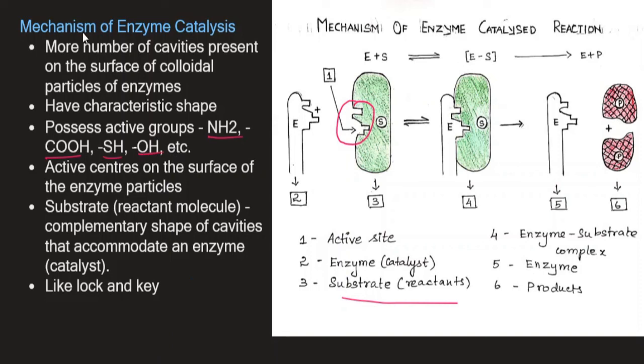They have characteristic shape, as I already mentioned. In the colloidal particle they have a larger number of cavities present like this so that it can get into the lock. The active centers on the surface of enzyme particles, it directly enters there.